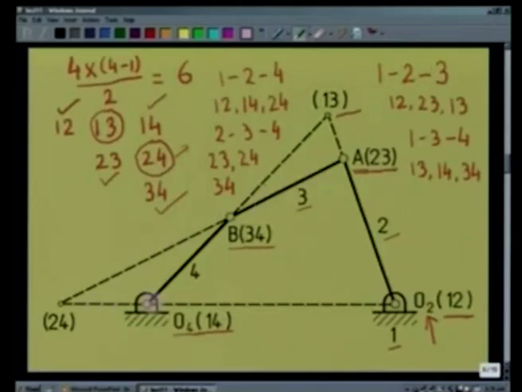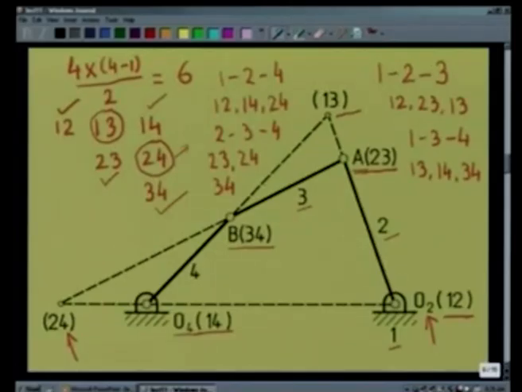As a result, 2, 4 is located at the intersection of the line O2O4, that is the line joining 1, 2 and 1, 4, and the line AB, that is the line joining 2, 3 and 3, 4. So we get the location of 2, 4 here, at the intersection of O2O4 and AB.